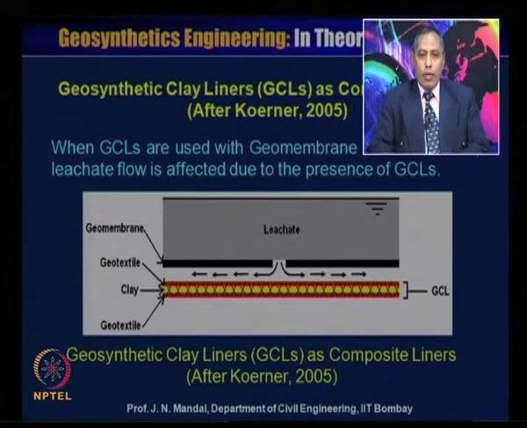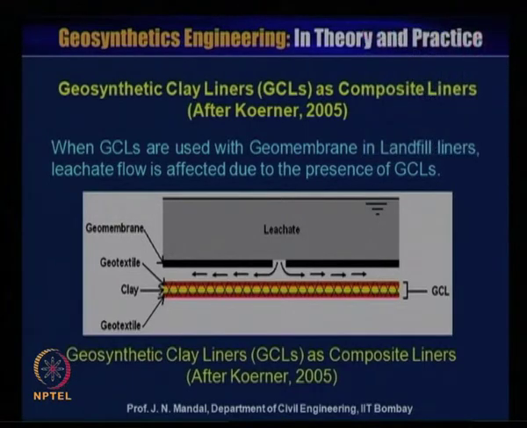So, here we are providing a geosynthetic clay liner, which is made of bentonite with geotextile at the top and the bottom, and a geomembrane. Suppose there is any hole in the geomembrane; below it, in the geosynthetic clay liner, you can see that the leachate propagates almost in the horizontal direction rather than going vertically downward.